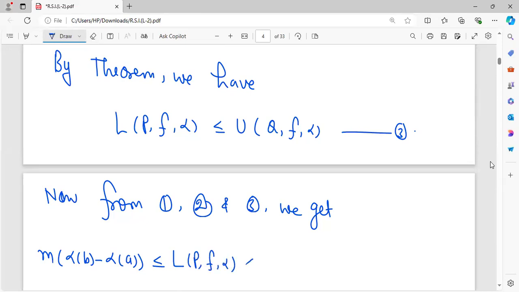Okay, by equation 3 we have this one. Now by equation 2 what we have? This is capital M times (α(b) − α(a)). So this is proved now.